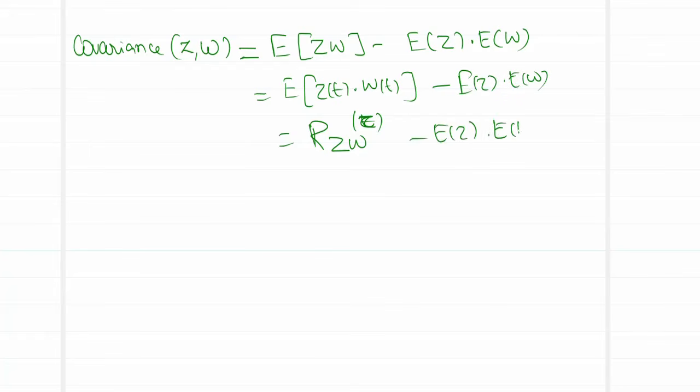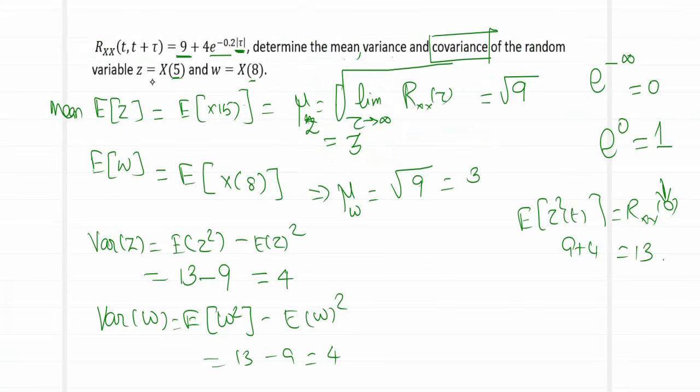Now we will look into the first part, RZW of tau. For Z, we have Z equal to X of 5, and for W, W is going to be X of 8. What is going to be the time difference between Z and W? This is X of 5 and this is X of 8, so the time difference between them, tau, is 8 minus 5.